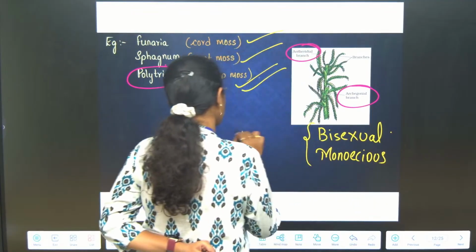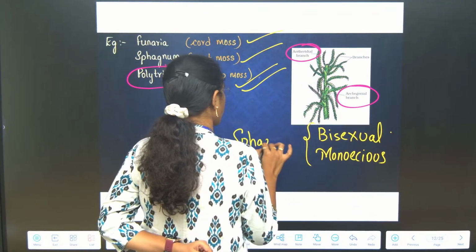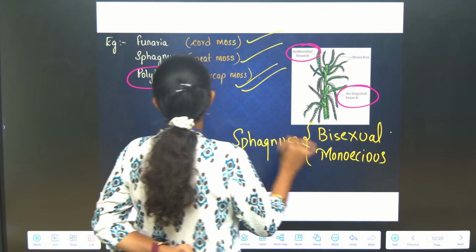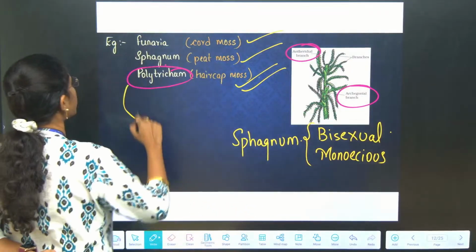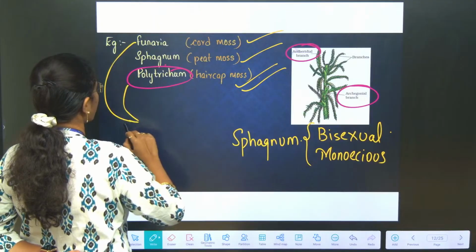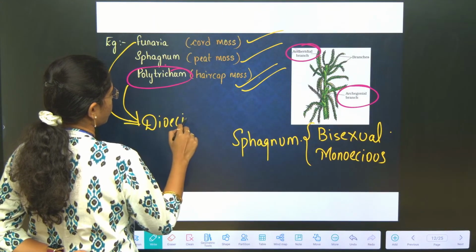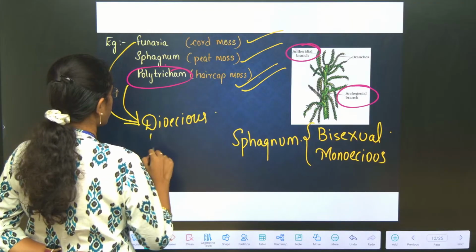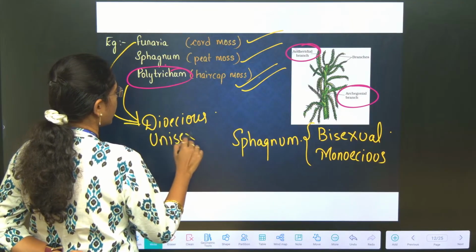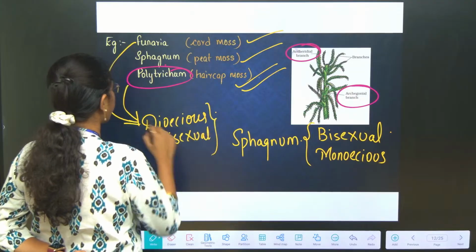Sphagnum is bisexual or monoecious, whereas Polytrichum and Funaria both are dioecious or unisexual. Clear, right? Important, you have to remember.